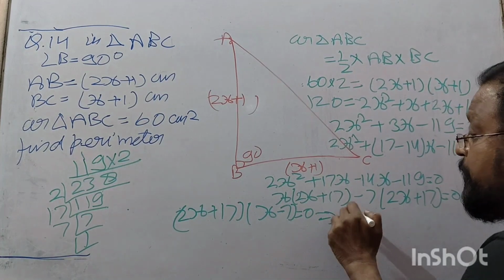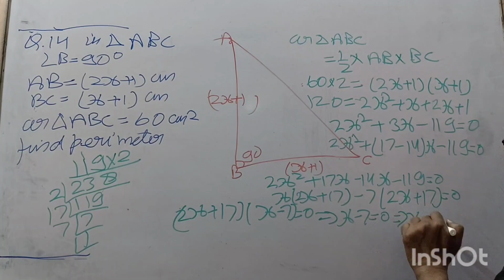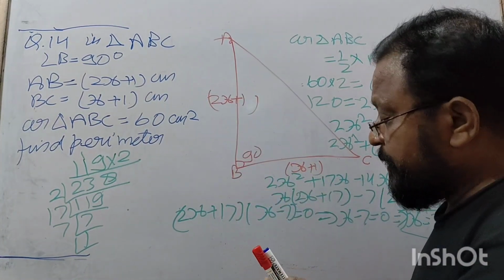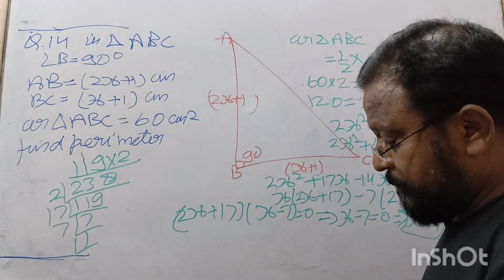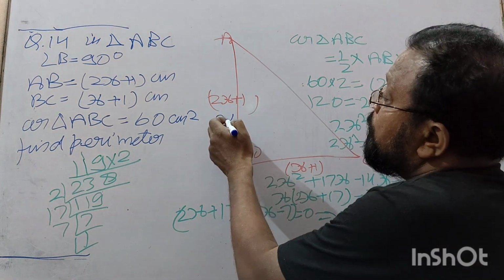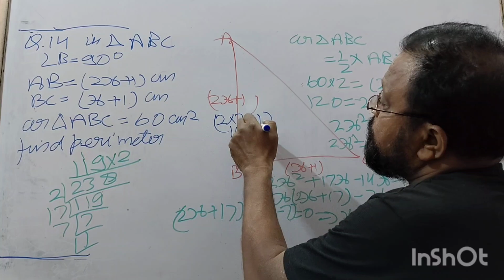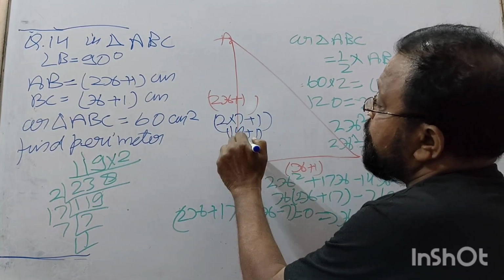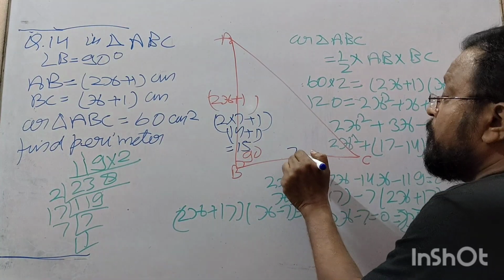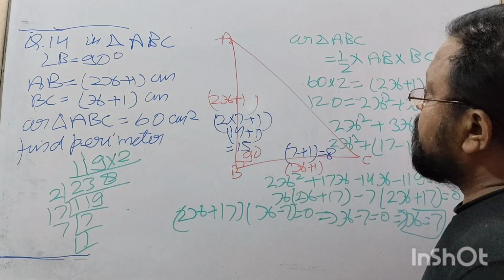So x minus 7 is equal to 0, therefore x is equal to 7. So here 2 into 7 plus 1 becomes 15, or here 7 plus 1 is equal to 8.